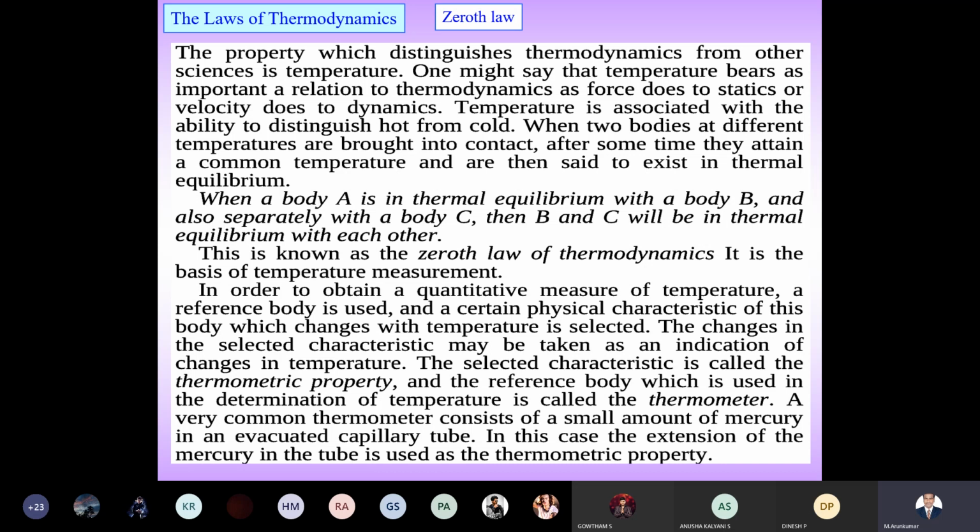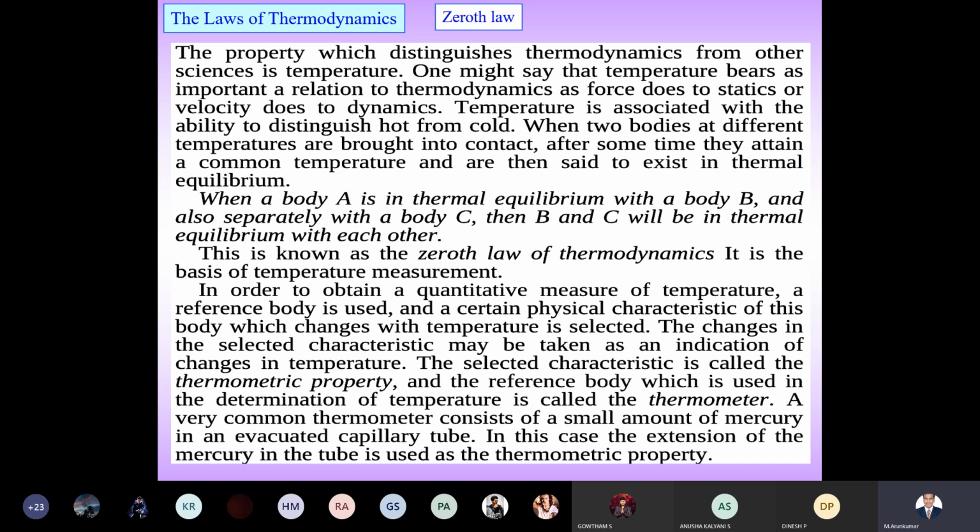This is the basis of temperature measurement. In order to obtain a quantitative measure of temperature, a reference body is used and a certain physical characteristic of this body which changes with temperature is selected. The changes in the selected characteristic may be taken as an indication of changes in temperature. So the thermometer works on this principle.